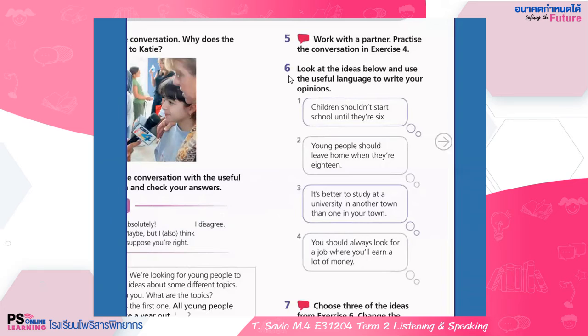Exercise 6. Look at the ideas below and use the useful language to write your own opinions. Children shouldn't start school until they're 6. Young people should leave home when they're 18. It's better to study at a university in another town than one in your town.